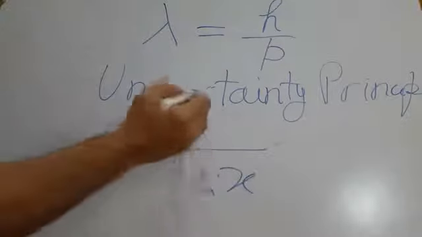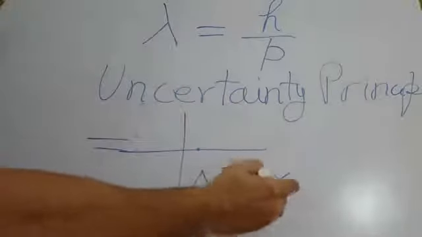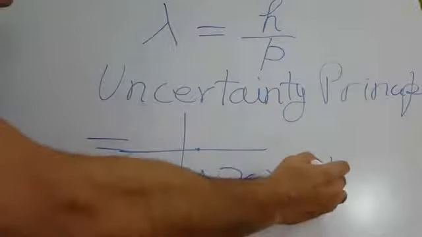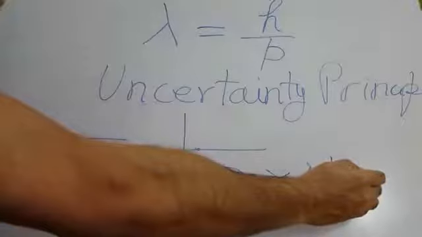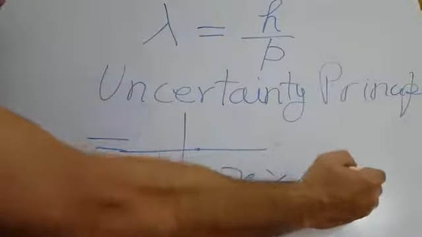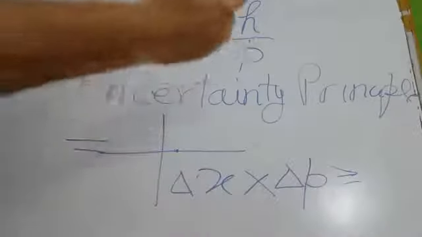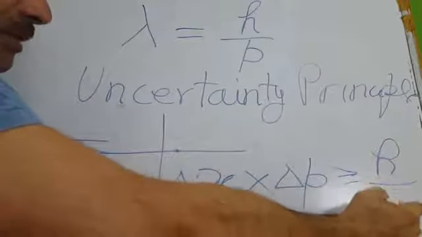Uncertainty delta x in its position multiplied by the uncertainty in its momentum delta p is equal to or greater than Planck's constant divided by 4 pi.